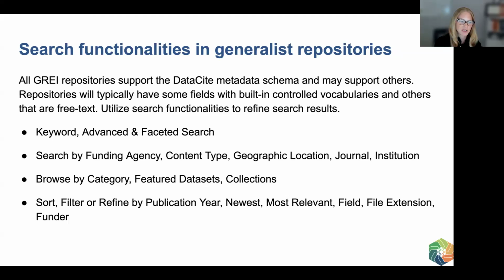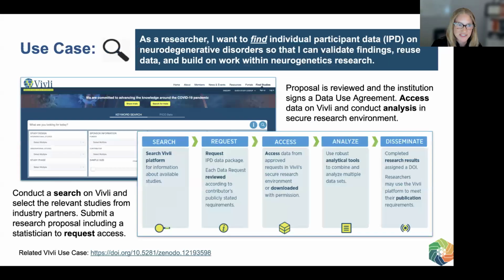And then, of course, we can use any number of sorting, faceting, and filtering options, by year, most relevant subject area, or funder, to really narrow down exactly what we are looking for in these repositories. Taking all of those strategies and functionalities of the repositories, I'll highlight 2 use cases as Gretchen did as well.